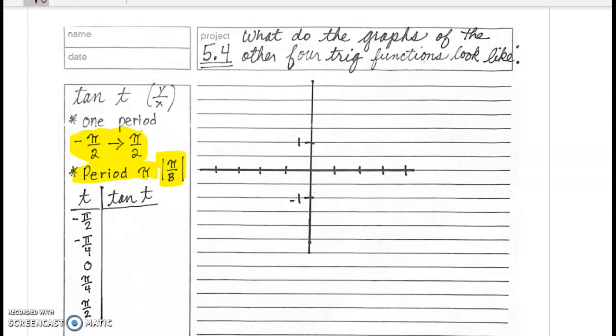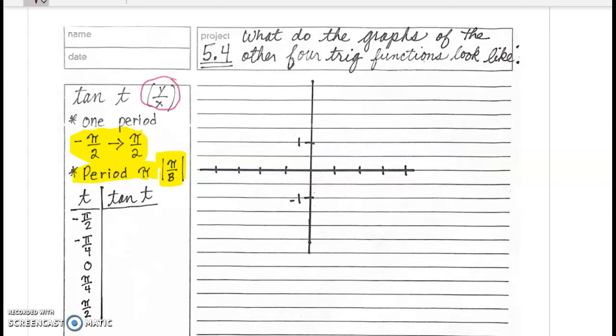Okay, so I created a chart for you. From your unit circle, you're going to look at the values. Remember that tangent is y over x when you're looking at those coordinates. So if we go to negative pi over 2 on our unit circle, remember that just means you go backwards. So we would end up at 3 pi over 2.